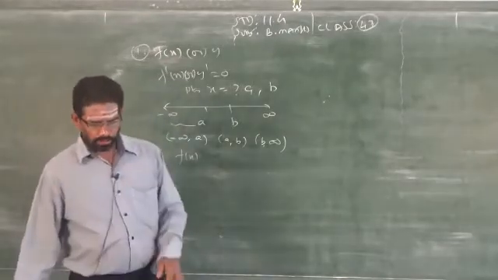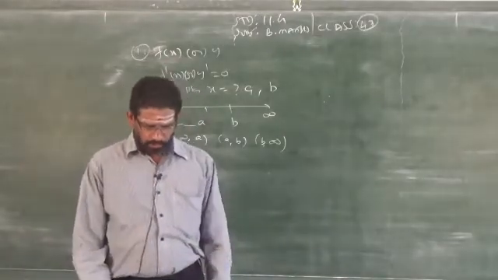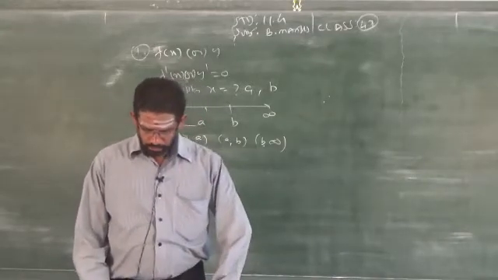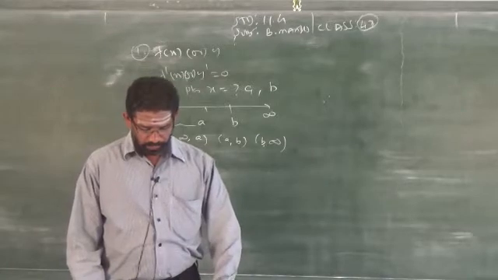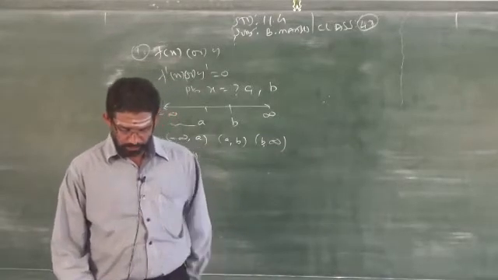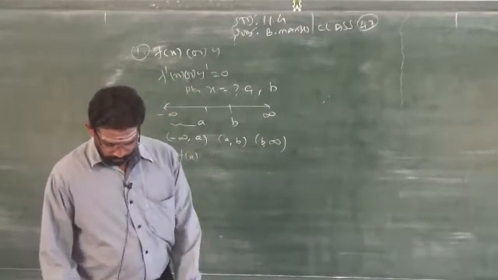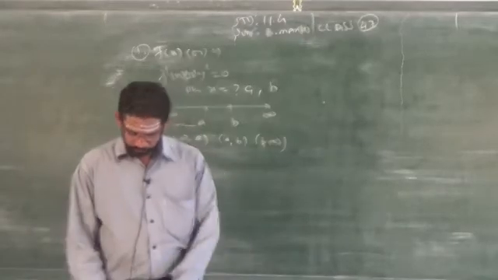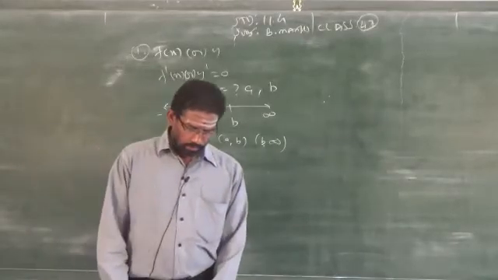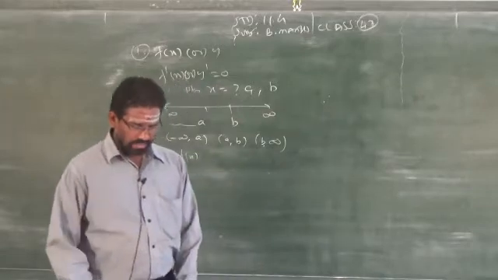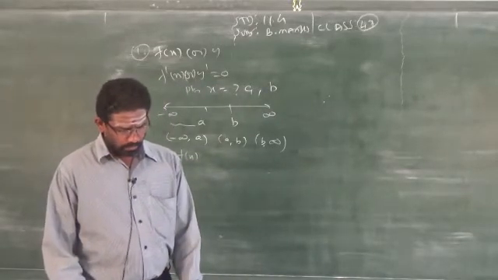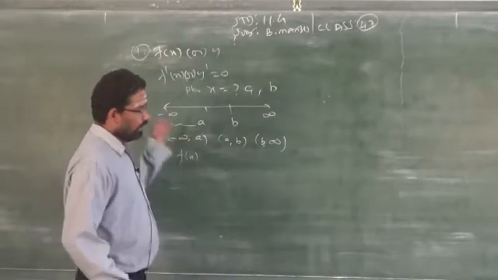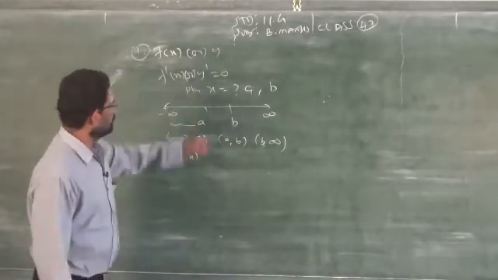And substitute in the question. To find increasing or decreasing functions, you have to substitute these values. You will get stationary points and stationary values if you substitute these values in the question.